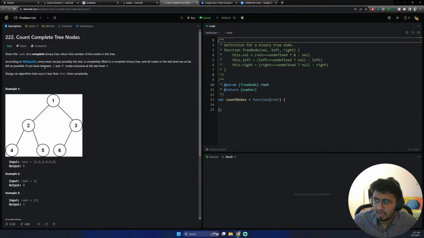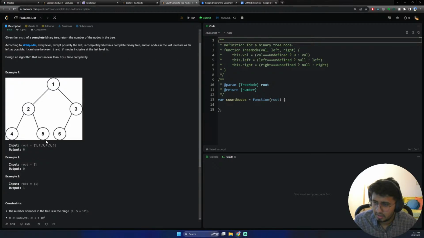It can have between 1 and 2 raised to h nodes inclusive at the last level h. Design an algorithm that runs in less than O of n time complexity.